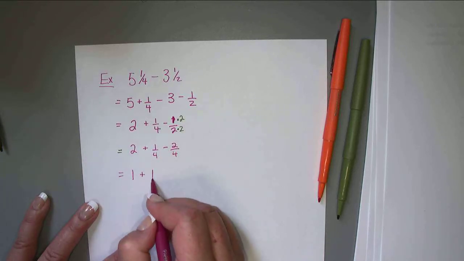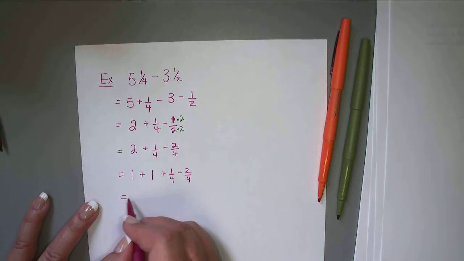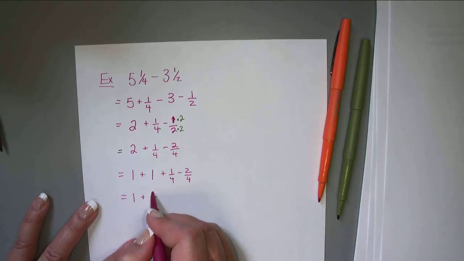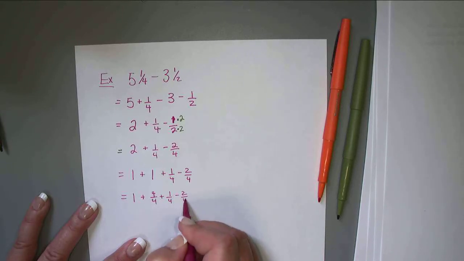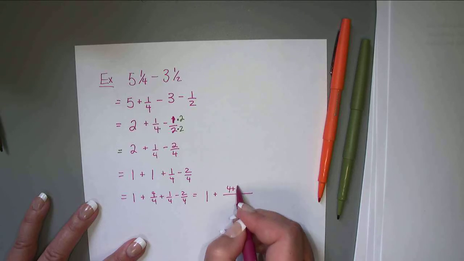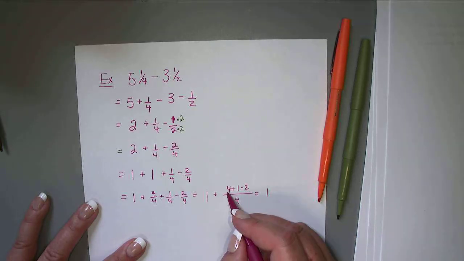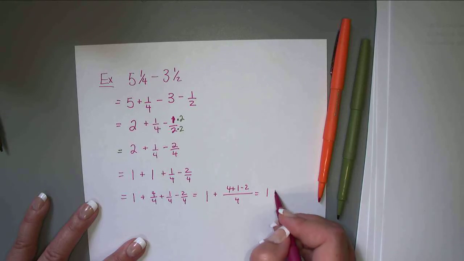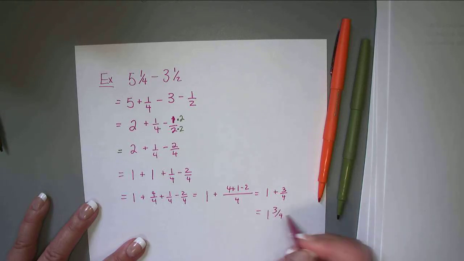So we'll break this up. 4/4, 1/4, and 2/4. So we have 1 plus 4 plus 1 minus 2, just 1, and that's 5 minus 2 is 3, 3/4. So 1 3/4.